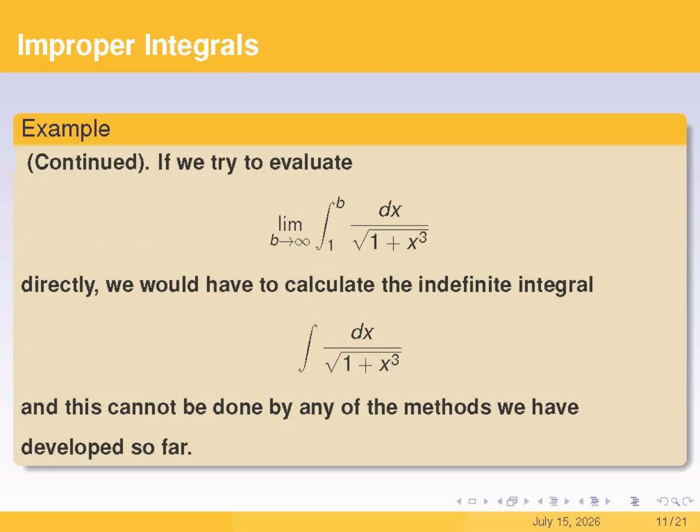The fourth line on the screen shows an indefinite integral. The catch here is that we cannot actually solve this integral using any of the methods we have learned so far. But even so, we should not naively jump to the conclusion that this indefinite integral does not exist.